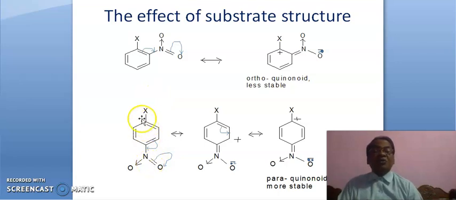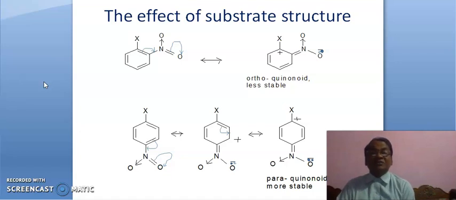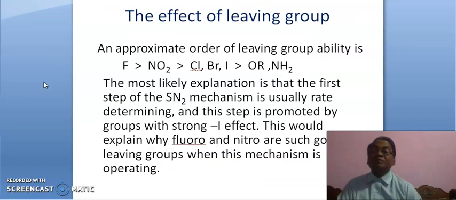Para-nitrochlorobenzene is more reactive than ortho-nitrochlorobenzene with reference to the aromatic nucleophilic substitution, and moreover you can say in the AR-SN2 mechanism. Okay. Now second thing, the factor of leaving group, the effect of leaving group.